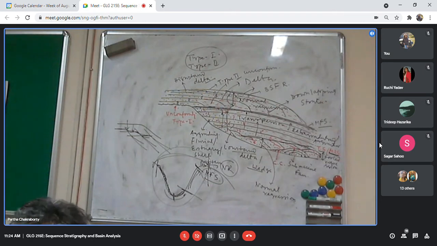Now, the second question: how long will the Ganges be flowing? How long will it continue flowing? Will it flow forever, or will the Ganges stop flowing sometime? Now comes the second question. Why does a river flow? A river flows to attain its graded profile. A river always flows to attain its graded profile.